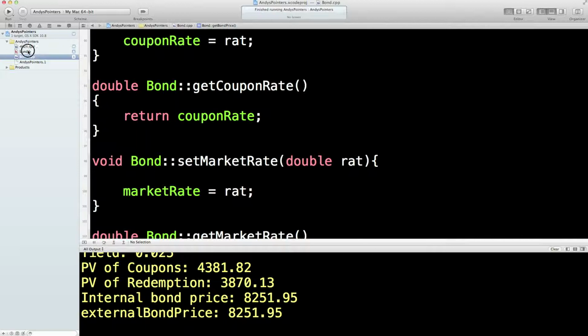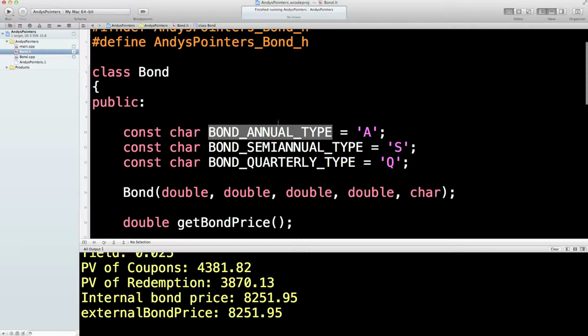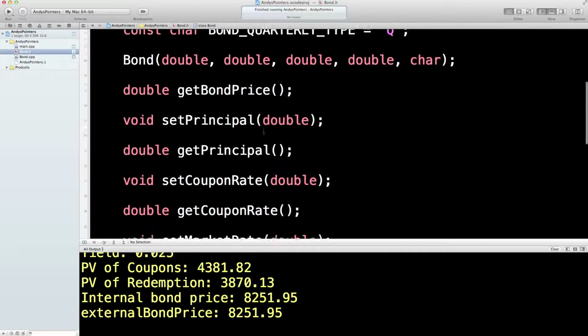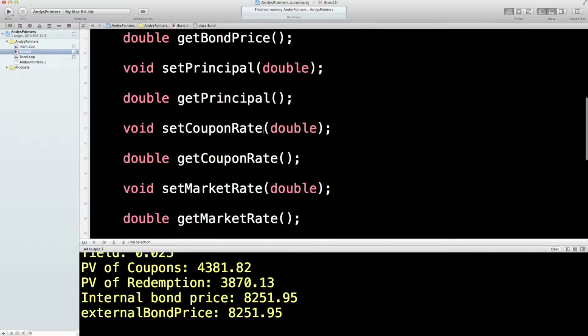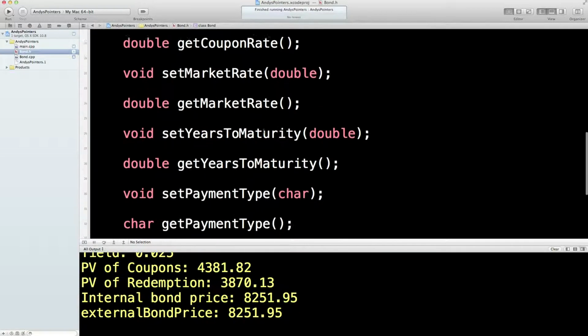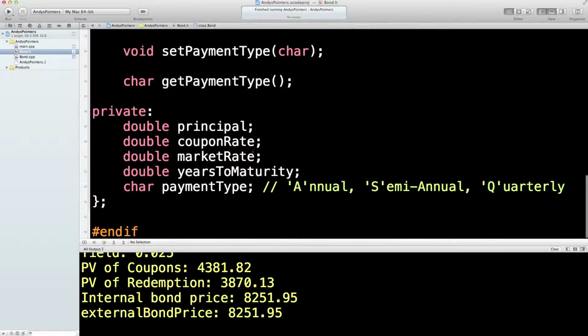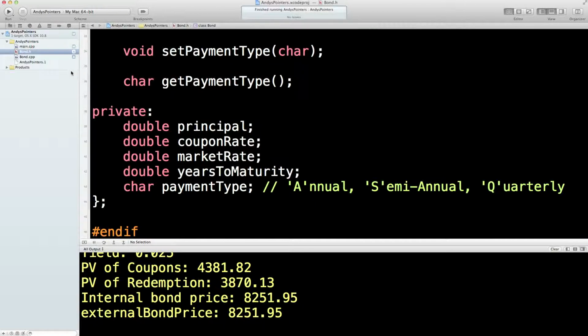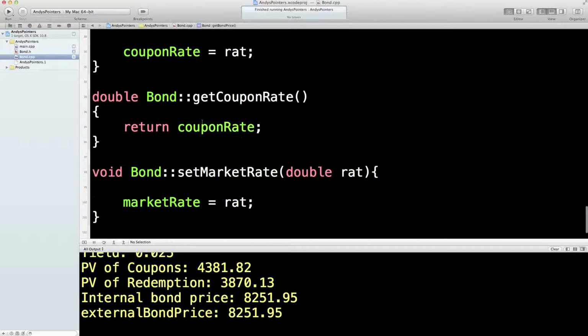Just a quick recap. We've cleaned up the header file. We've got rid of a bit of hard coding, not all the hard coding. There's no such thing as a standard bond, so we've got rid of the standard bond constructor. We've clarified what we mean by rate, and we've set up the appropriate functions and variables to deal with two different kinds of rate: the fixed rate of a bond and the desired investment rate of the investor.